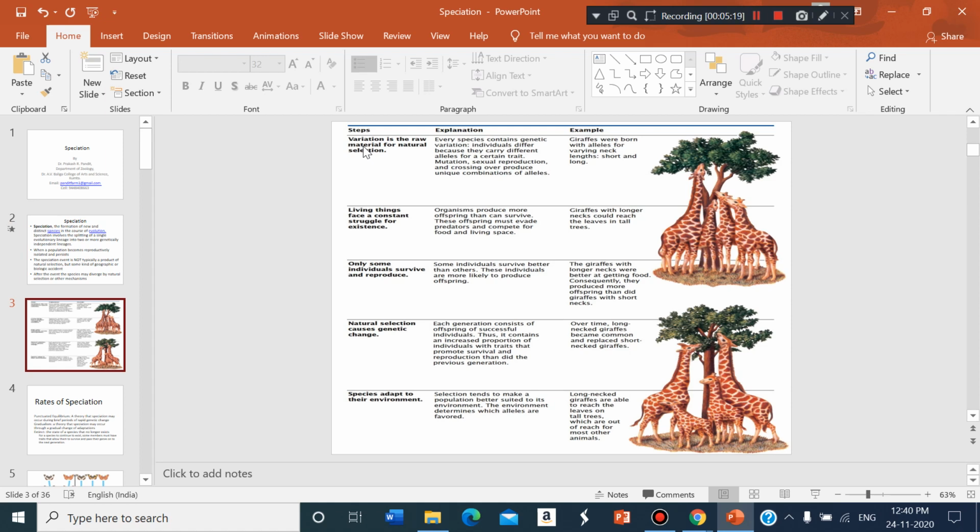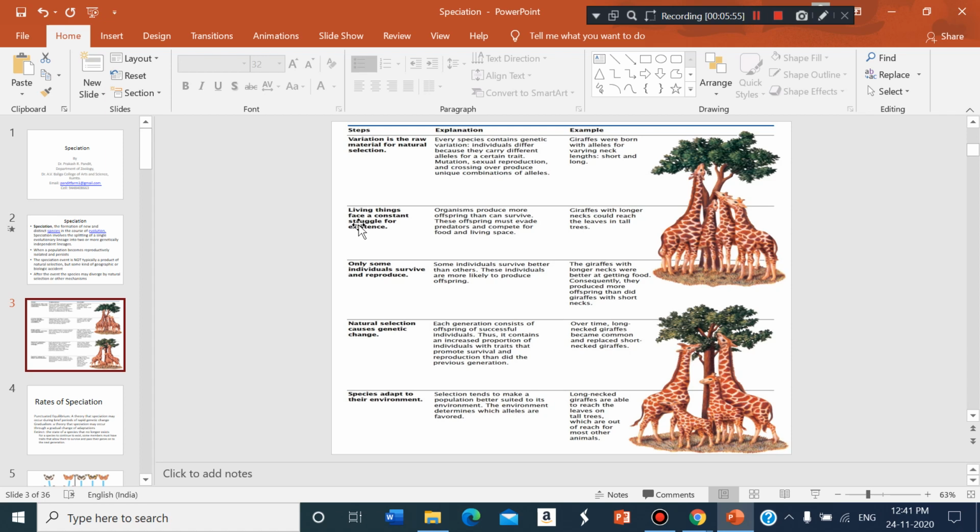Speciation has different steps. The first step is the variation, the raw material. The variation should appear. For example, all of you know the long-necked giraffes. First, a long-necked giraffe evolved, and then it was put to natural selection, and then the continuation of giraffes with long necks followed.